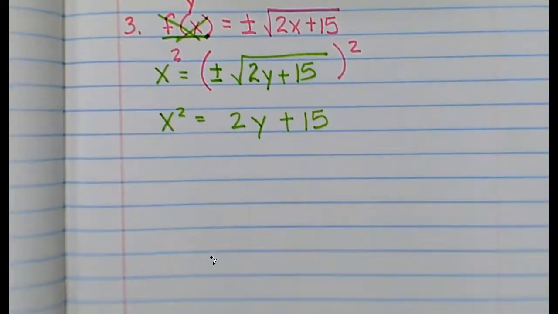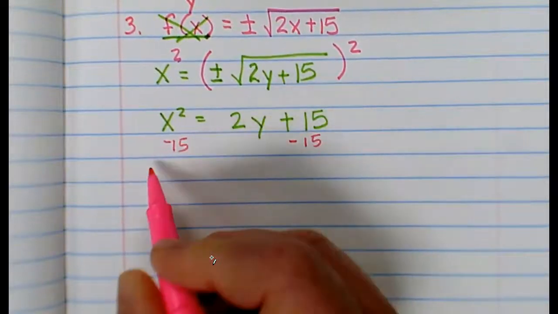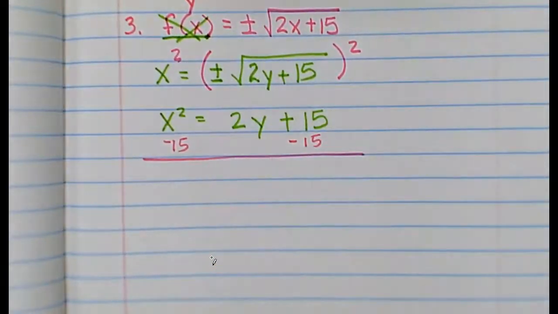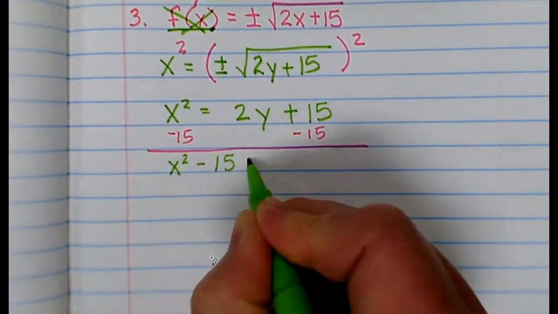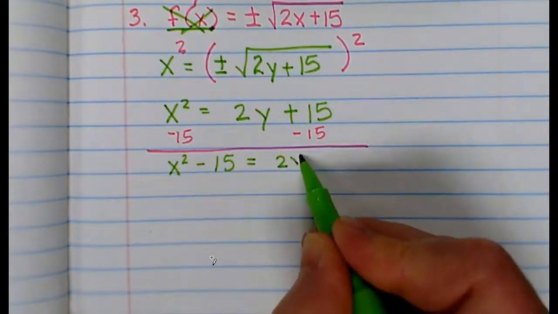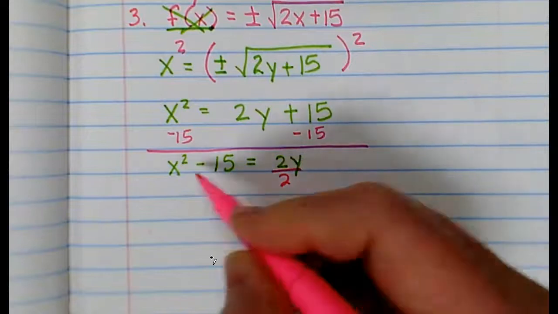Now that we don't have a square root sign anymore, we can subtract the 15 from both sides. I'm solving for y. I need to cancel out the 2.